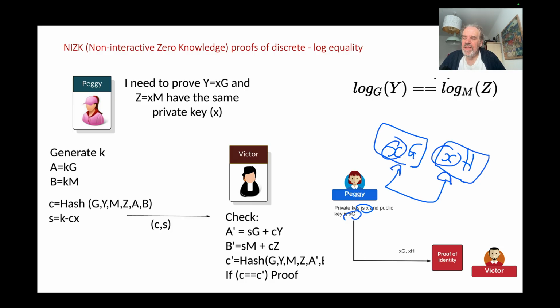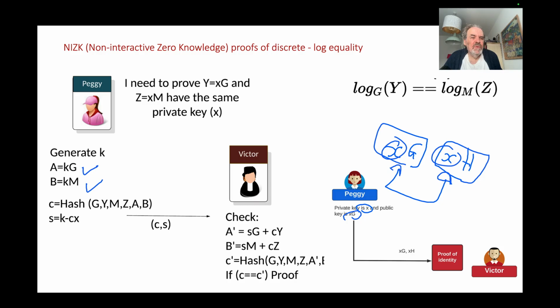So this is useful in areas of proof of identity, that Peggy can produce another point on the curve and prove that she has a specific private key. So the method is here.